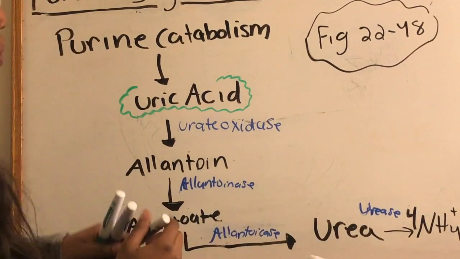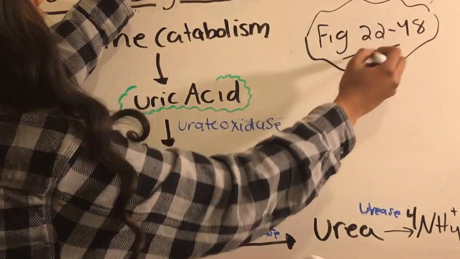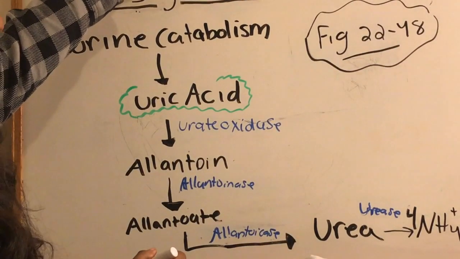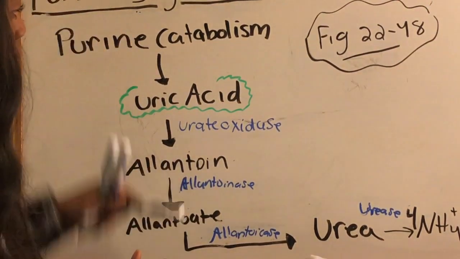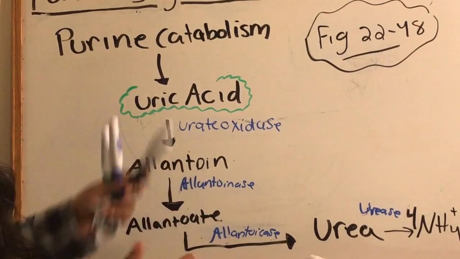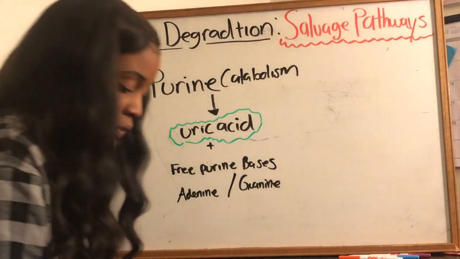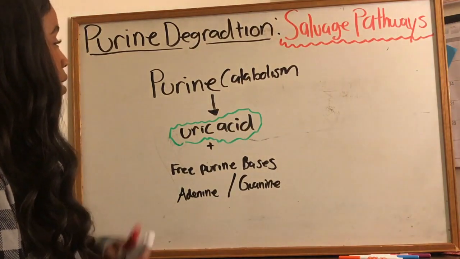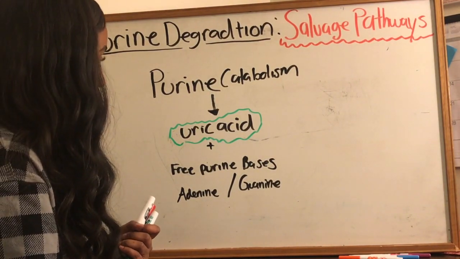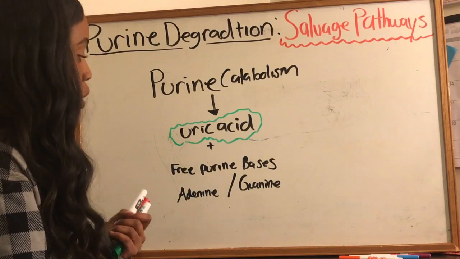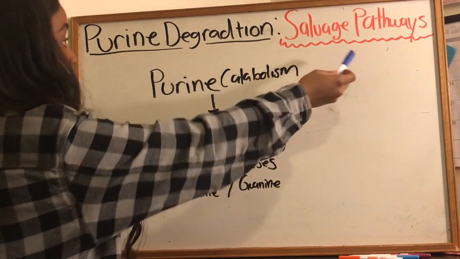You can find this breakdown in our book, the 8th edition, figure 22.48, and it gives you a flow chart of the degradation of uric acid. Before I go on to the catabolism of pyrimidines, I would like to mention how purine degradation can also synthesize more nucleotides via salvage pathways.